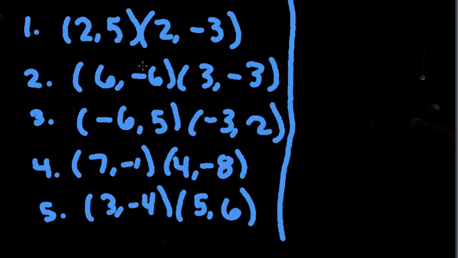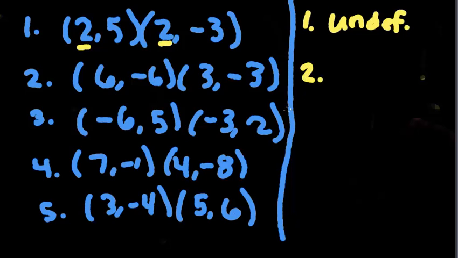All right, you should have come back now, and number 1, you should notice that the x values are the same. And we said when the x values are the same, then we end up with an undefined slope. So number 1 should be undefined.